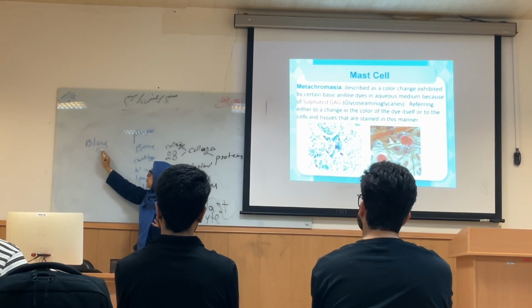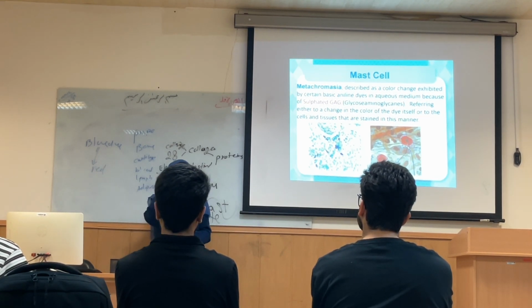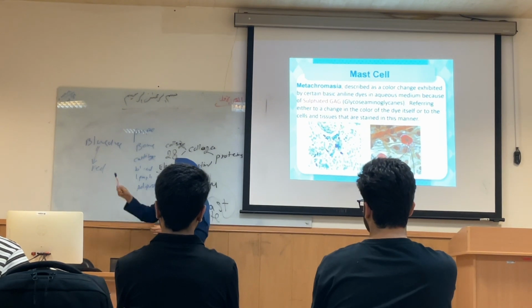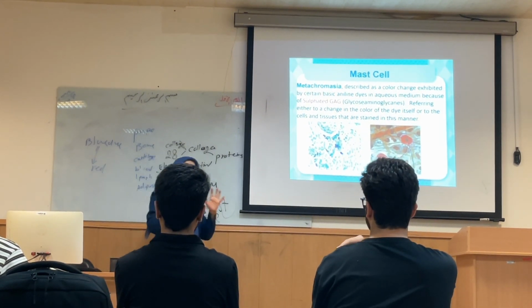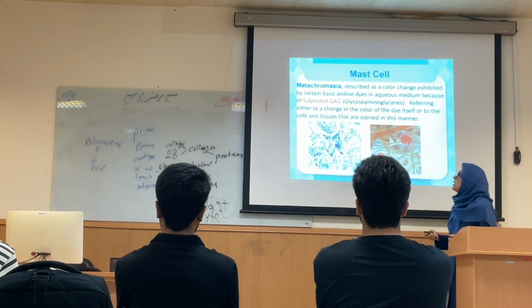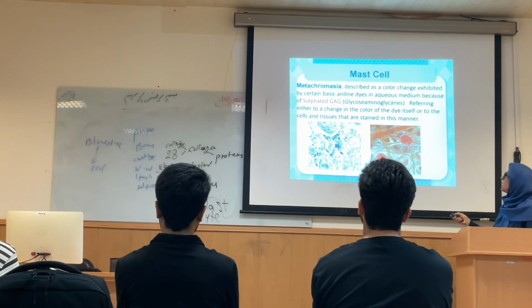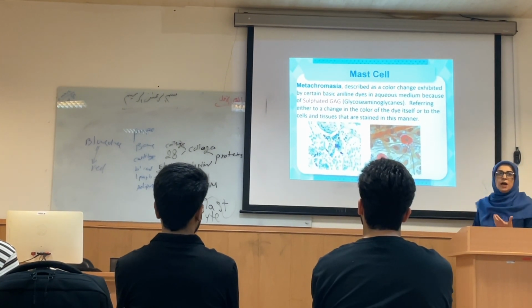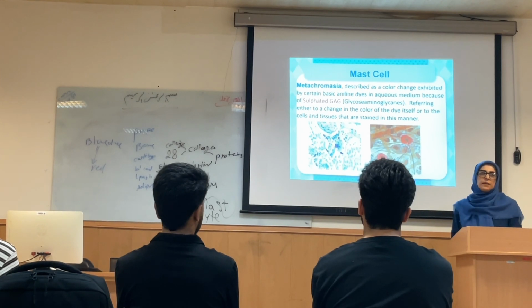When we stain with blue dye, they show as red color. This change of color under the microscope is named metachromasia. Meta means changing of the color of the dye. That is specific to the mast cell. By this we can identify the mast cell from other cells.